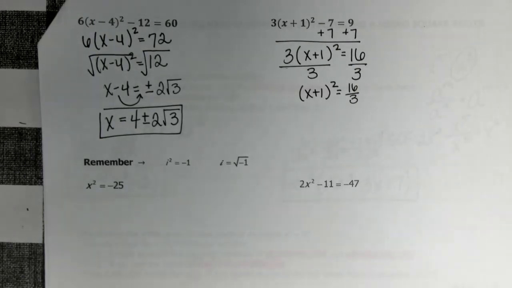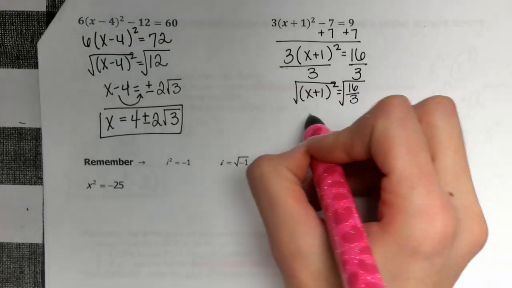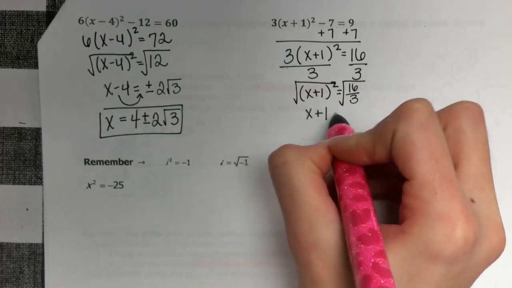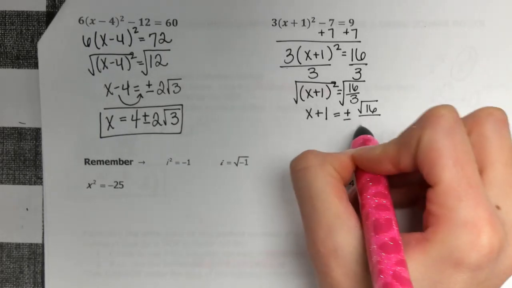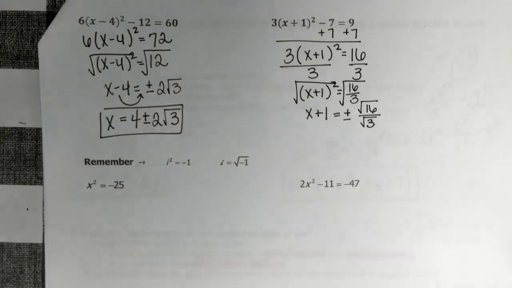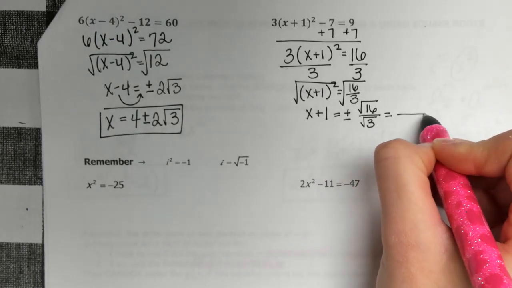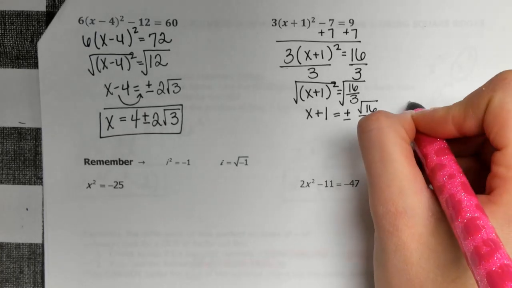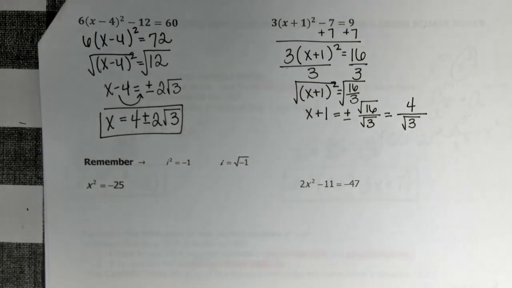When you take the square root of this, it leaves you with x plus 1 equals plus and minus the square root of 16 over the square root of 3. Now, square root of 16 is what? 4. Square root of 3 I can't do anything with.